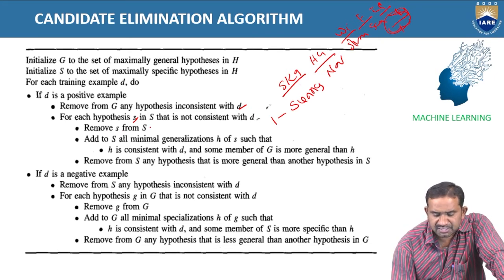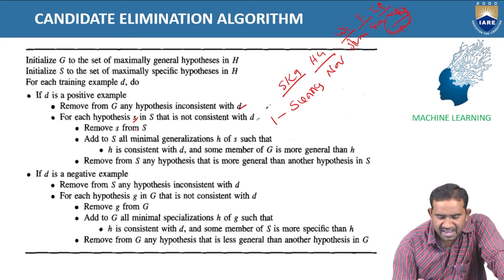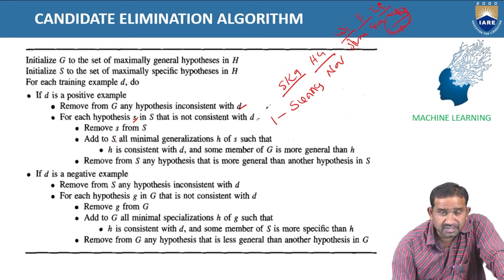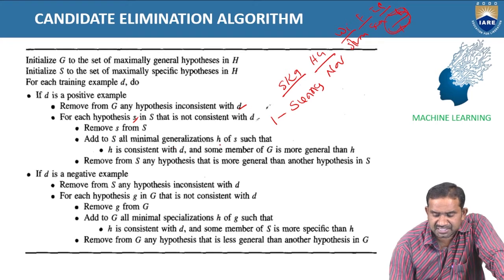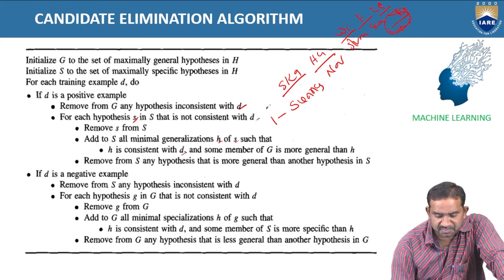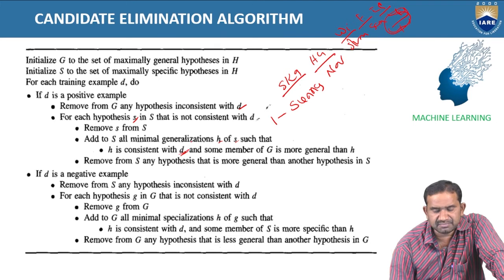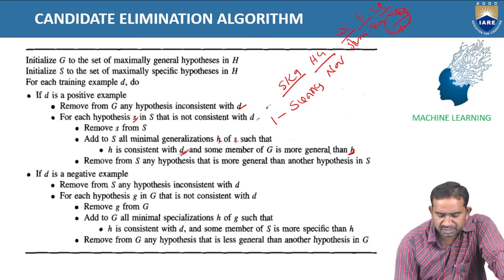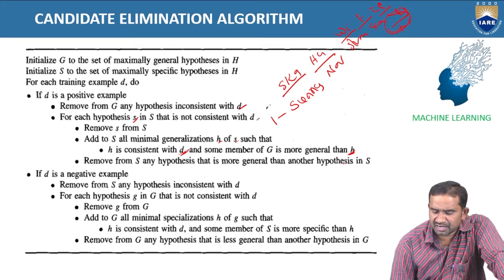Remove s from S, and add to S all minimal generalizations h of s such that h is consistent with the training example D, and some member of G is more general than h. And remove from S any hypothesis that is more general than another hypothesis in S.